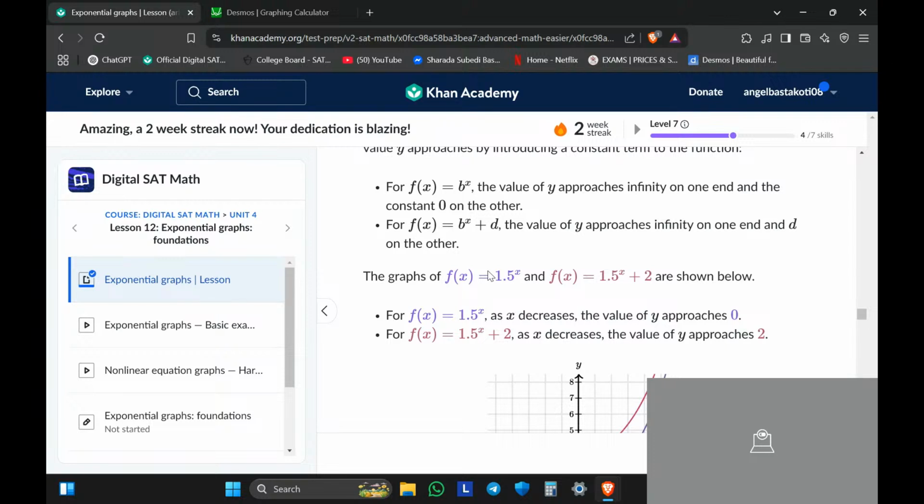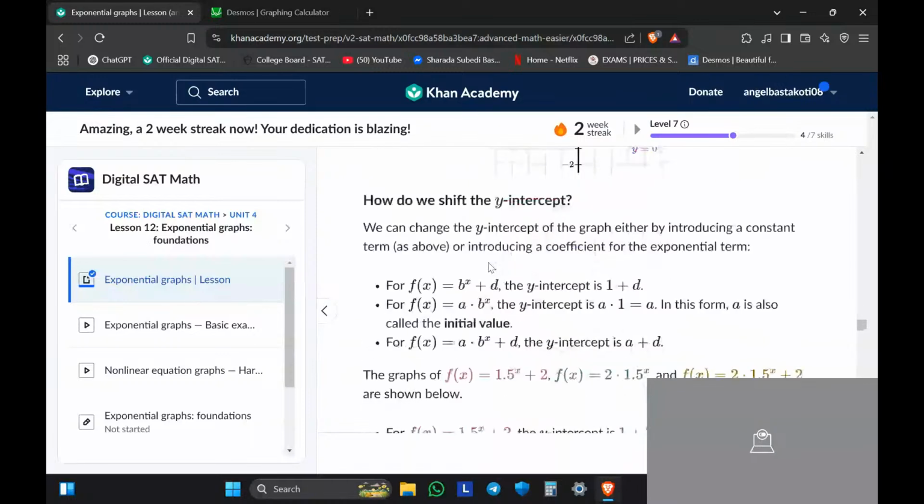So in this case, one end approaches infinity and the other approaches 5. How do I say, the y-intercept?